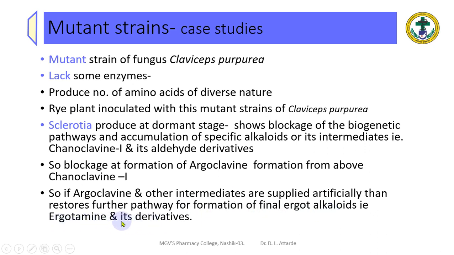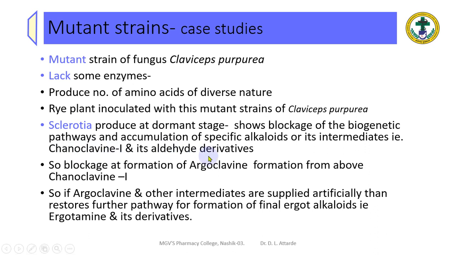This ergotamine and its derivatives are of very great importance in obstetric science, mainly in obstetrics, and they are used for that purpose. Now here, as it lacks the enzyme, this fungus cannot lead directly from the sclerotia state to the formation of ergotamine, but it comes along the pathway till chanoclavine and its various forms.